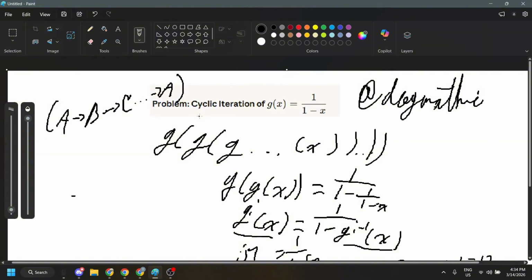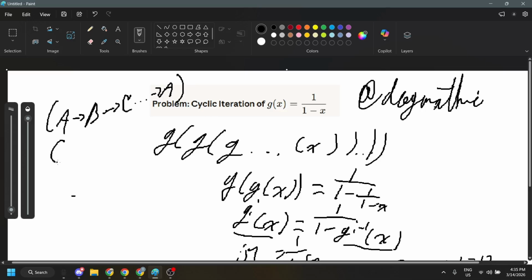If we put 1 in, we get undefined. If we put 0 in, we get 1. If we put 2 in, we get negative 1. If we put negative 1 in, we get 1/2. If we put 1/2 in, we get 2.